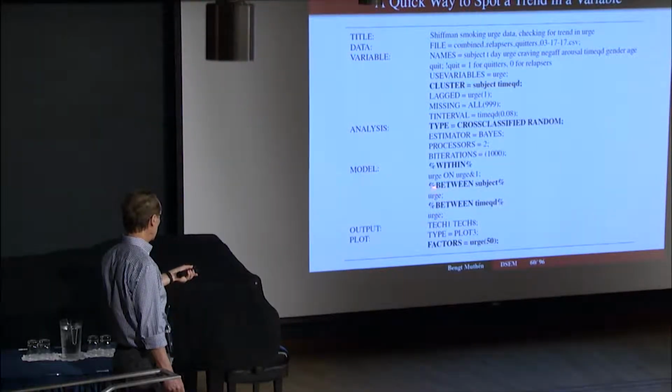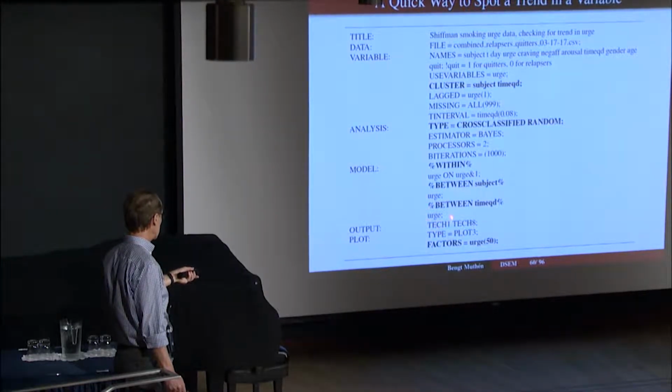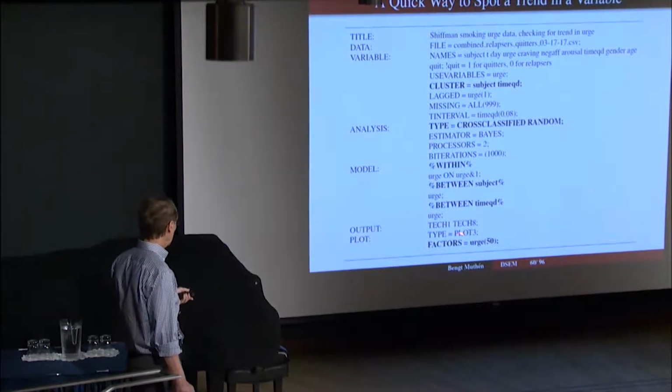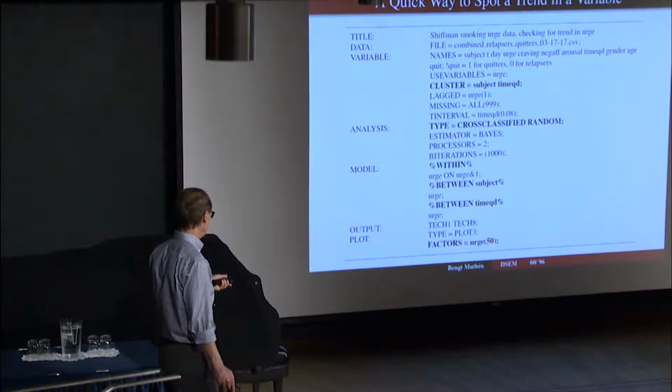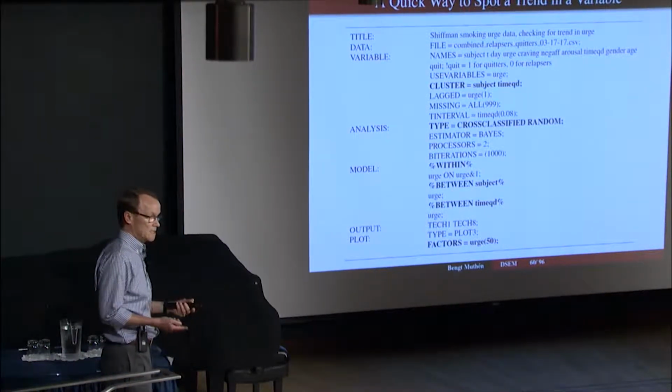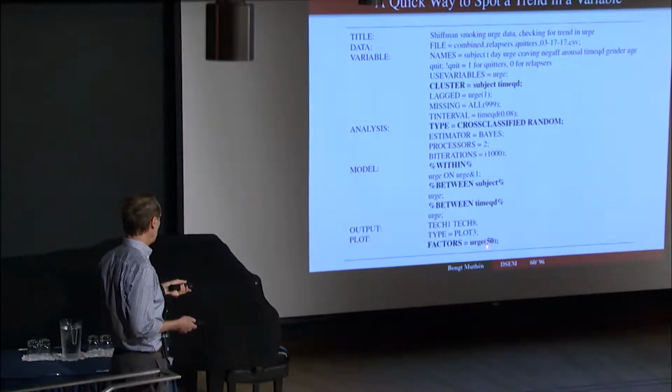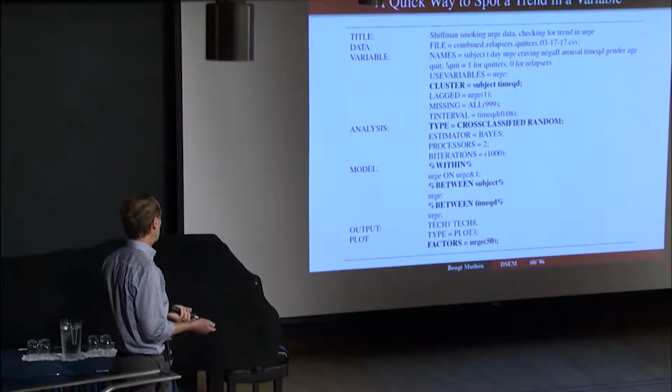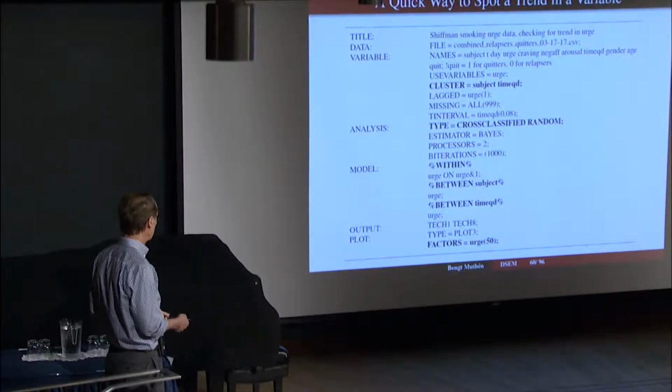So this is alpha sub i. It's actually the variance of alpha sub i, and this is the variance of alpha sub t on the previous slide. Once again, we ask for factors for urge, and you can make the factor estimation more or less precise. This has to do with how many draws, how many iterations you use for these unknowns.